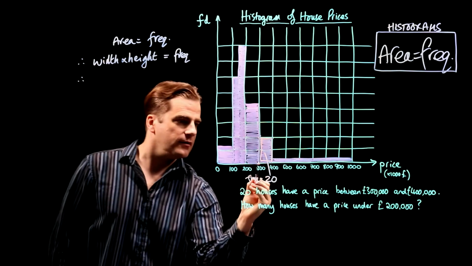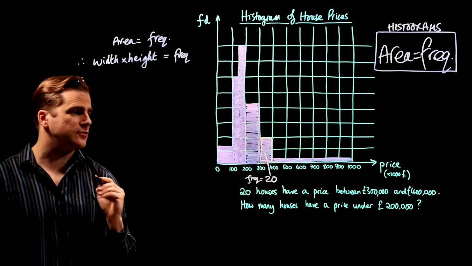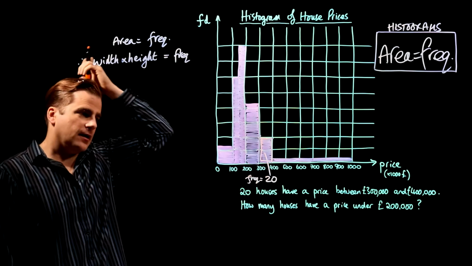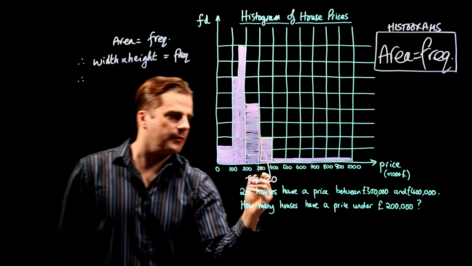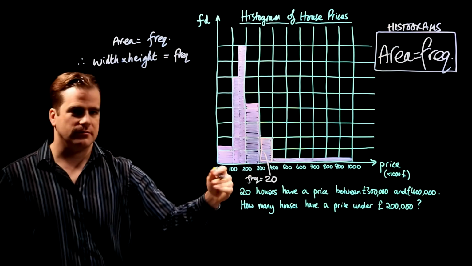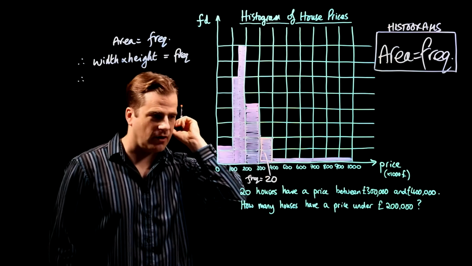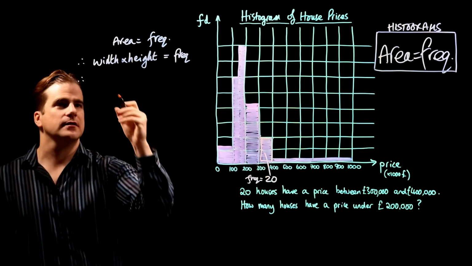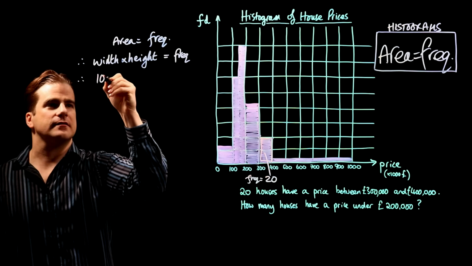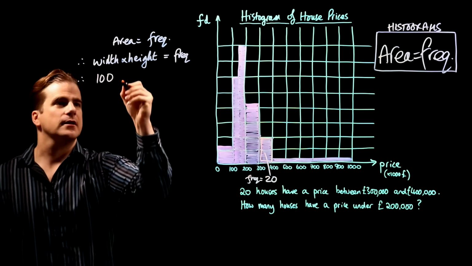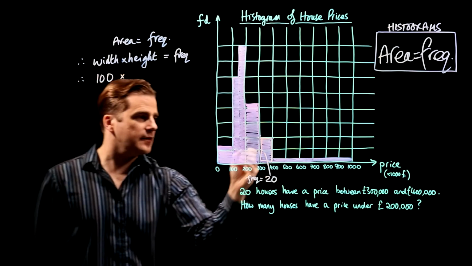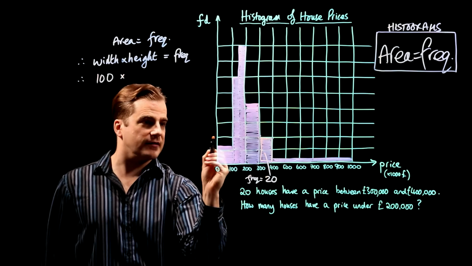What's the width? From 300 to 400,000. I'm not going to add the extra 3 zeros. It just makes it a bit more cumbersome. I'll just call the width 100 rather than 100,000. It's easier. So the width is 100. The height is that value there.